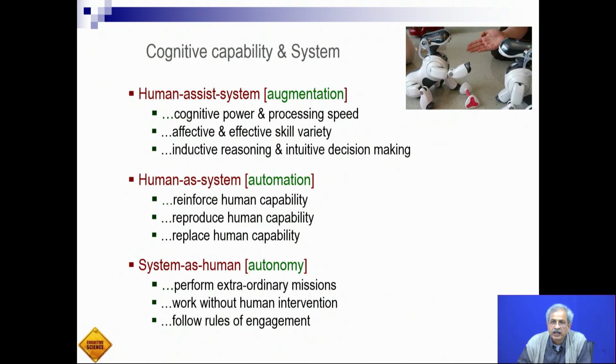Let there be a human assist system, which I call an augmentation of human capability. Can we augment the present capability with certain forms of training, which includes cognitive power and processing speed, affective and effective skill variety, inductive reasoning and intuitive decision making?